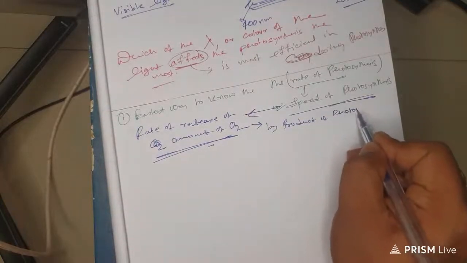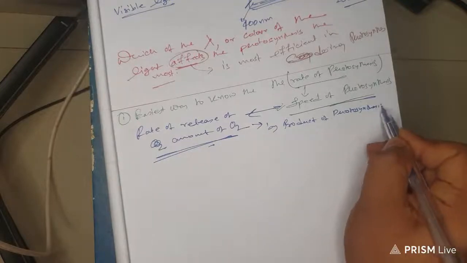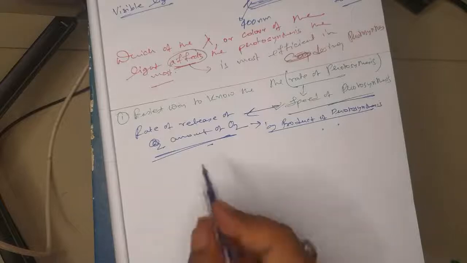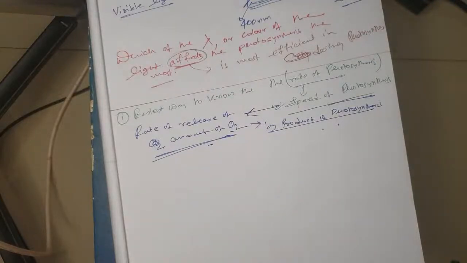Now, because oxygen is a byproduct of photosynthesis, the more the rate of release of oxygen, the more is the rate of photosynthesis. Or if the amount of oxygen is more, then the rate of photosynthesis is more.